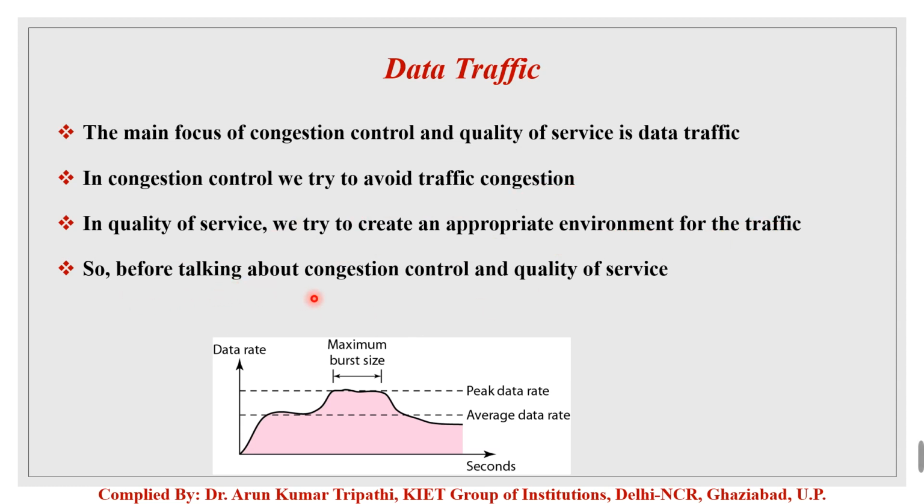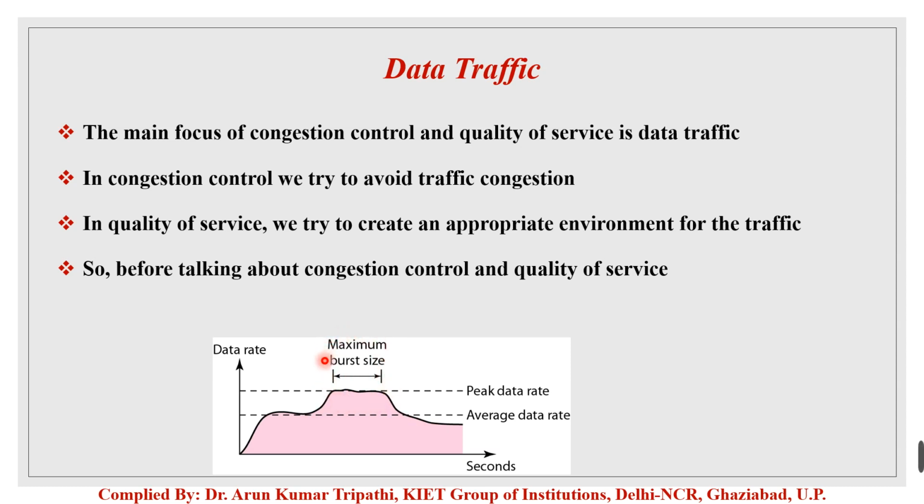Before talking about congestion control or quality of service, we should discuss what types of data traffic there are. Here you can see that along with time, the data rate is not constant. It is varying. This is the burst size, that is the maximum rate of the data.